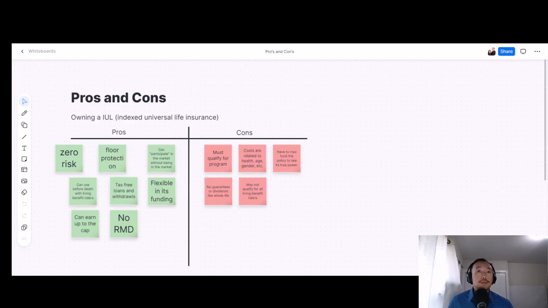So the first pro of owning an IUL is that there is zero risk, since your money has floor protection. The next pro is the floor protection. You can see in my previous slide that the floor protection makes a big difference on your money. Next, you can participate in the market without actually being in the market.